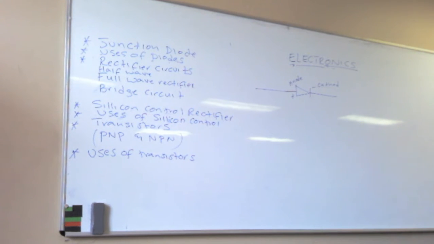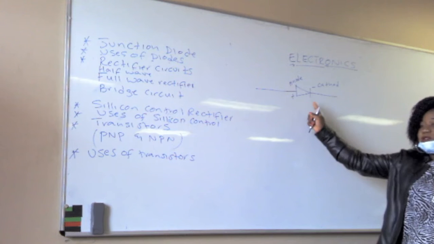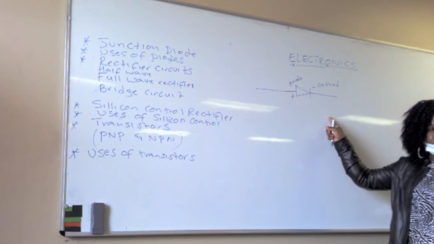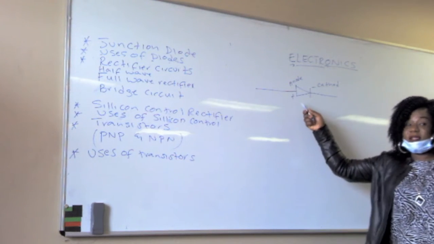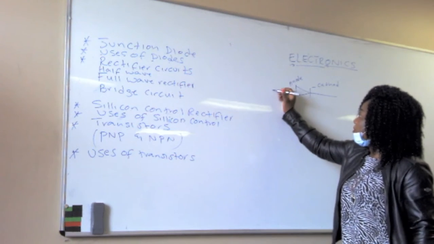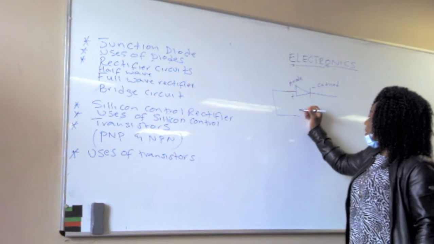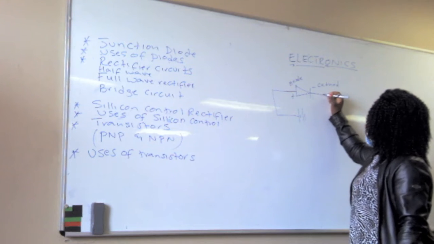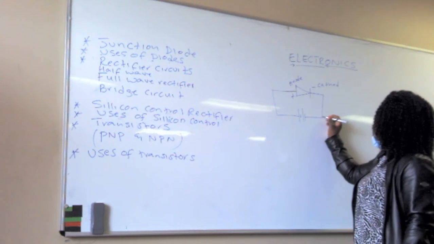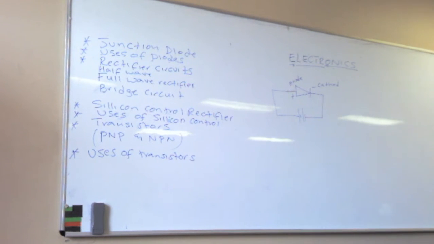Then we do have a lot of different types of diodes: Zener diodes, junction diodes, tunnel diodes, depending on the use. But a junction diode's purpose is to allow current to flow in one direction, and the arrow side is the flow of current. Just the way it is sitting, it means that the positive terminal of a diode must be connected to the positive of the supply, and the negative must always be connected to the negative of the supply when we represent it in the circuit diagram.